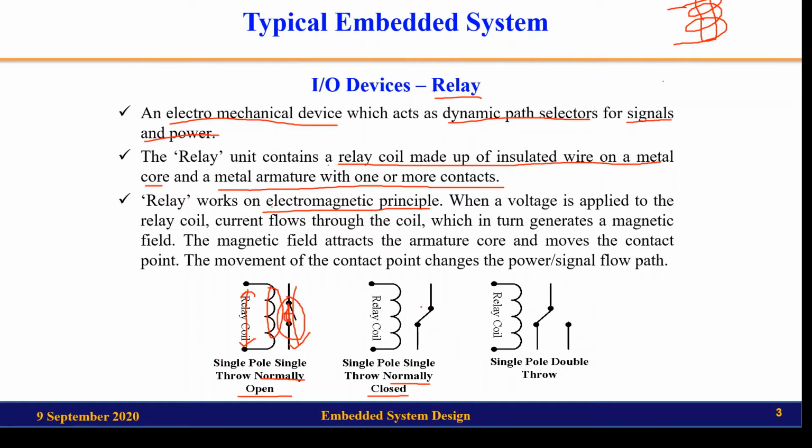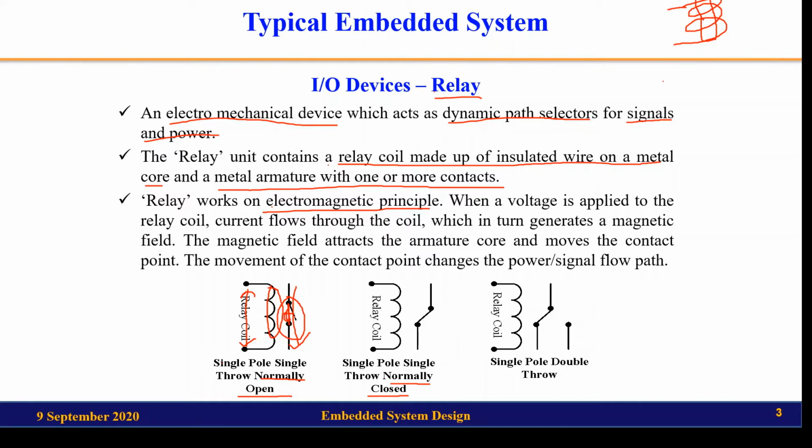So when we apply a voltage, the open position gets closed. But here, when we apply some voltage to the relay coil, it forms an electromagnetic field which will repel the armature. That means the normally closed position will become open whenever the relay coil is powered.